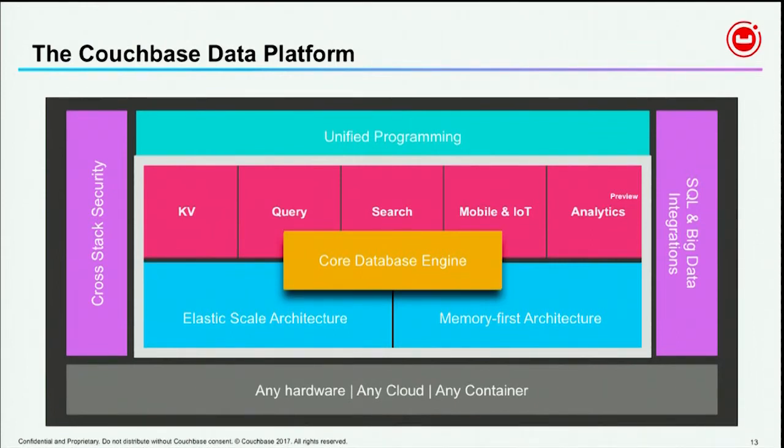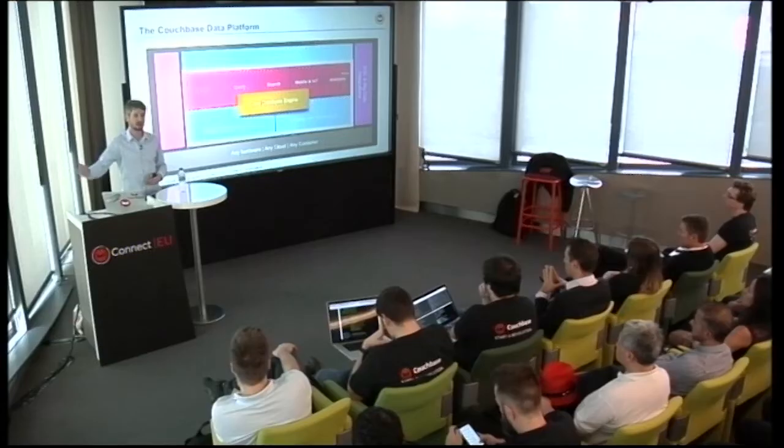This comes both from the SDK that we provide, which gives you a single point of entry into any Couchbase cluster, and also our reliance on SQL for our query language, which we'll talk about a little bit later on. And then on the left, security is paramount to any sort of database discussion. Couchbase has end-to-end security, both out at the edge, across the network, and down to the disk.